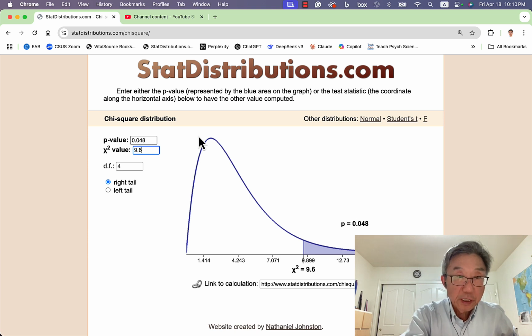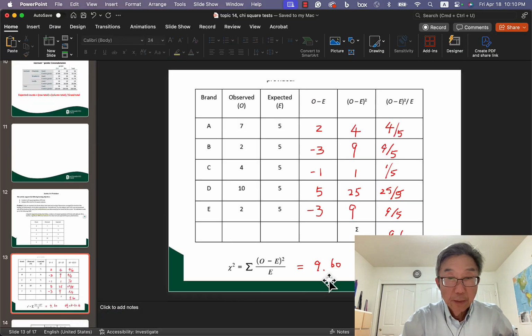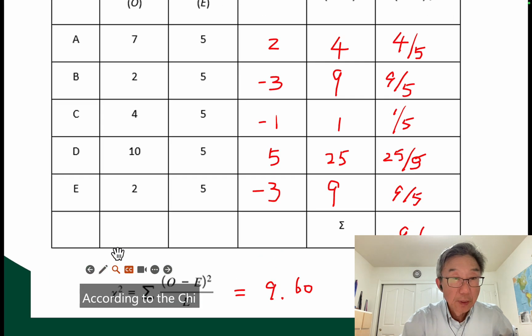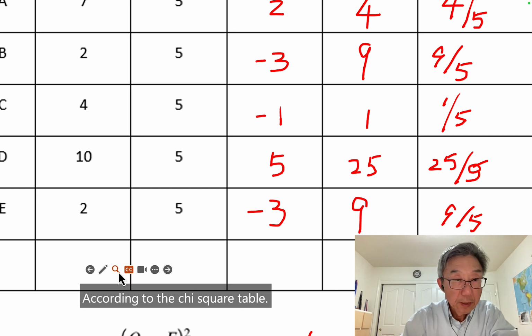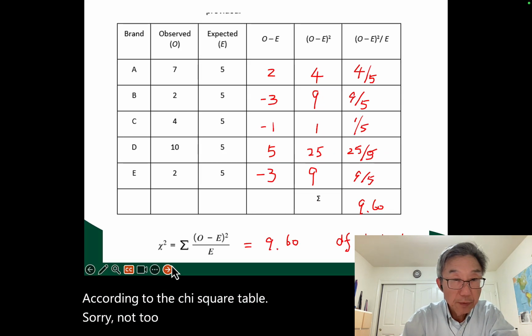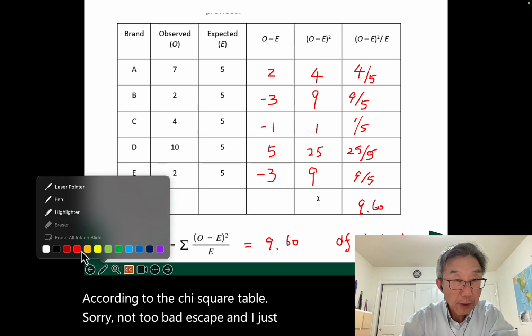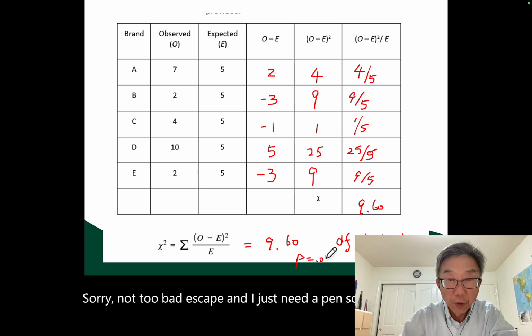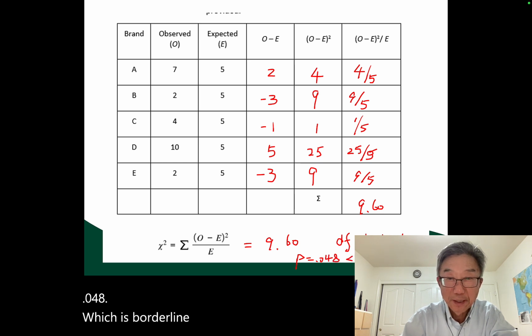So 9.6 with 4 degrees of freedom, P equals 0.048, which is borderline, but we made it. So it's less than the alpha level, 0.05.